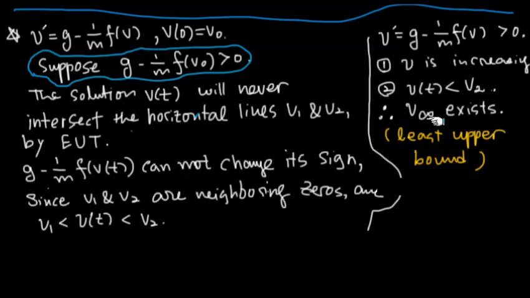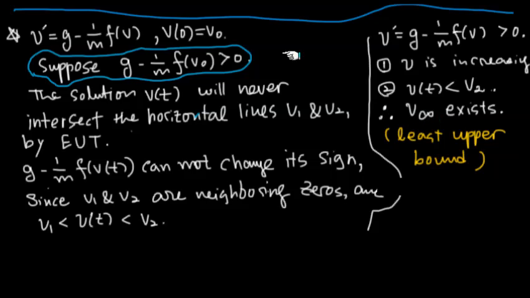So we showed that the limit v infinity must exist, and we earlier showed that it had to be v1 or v2. In this case, it had to be v2 because it's increasing and heading towards that, and there cannot be any other zeros, which is the earlier discussion.